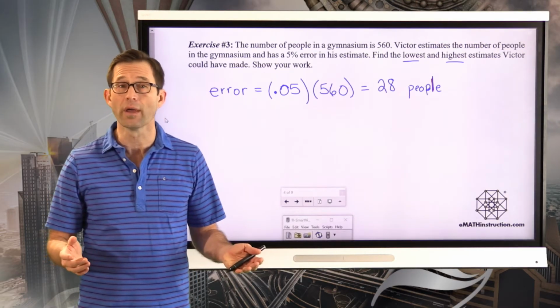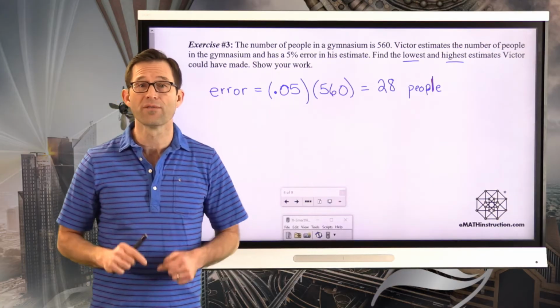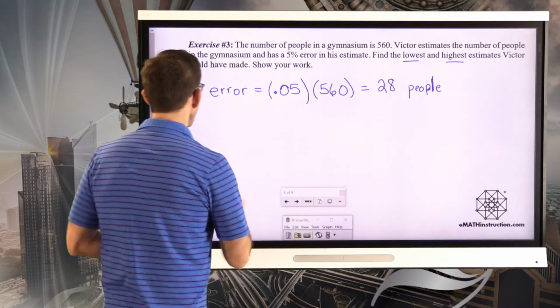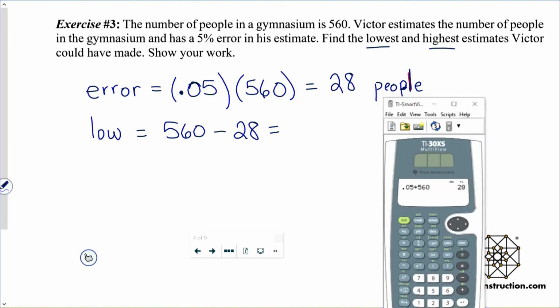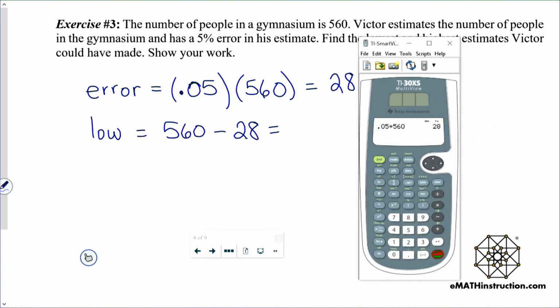So it's easy enough. If I want to figure out what the lowest value was that he could have gotten, I'm just going to take the number of people, 560, and subtract off that 28, because that was the error. He was off by 28 people. Easy enough to do with my calculator ready to go. 560 minus 28 gives me 532.